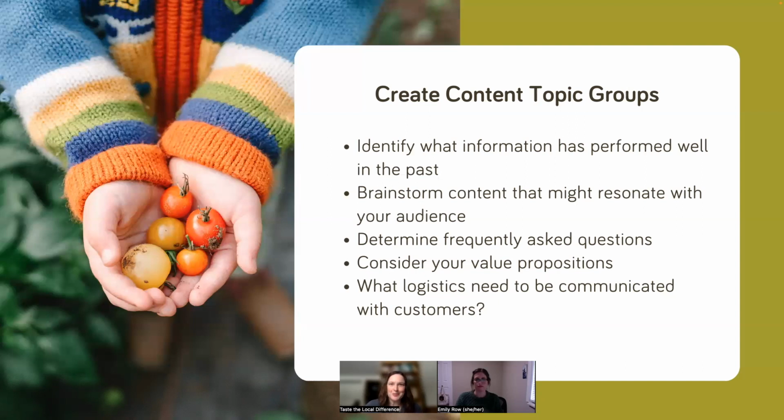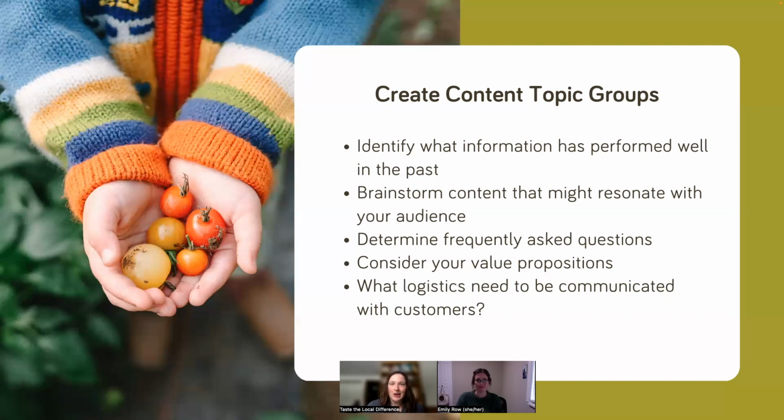Lots of different things you could potentially share. And I think it's really helpful to think about what questions you get all the time, what your frequently asked questions are, in determining these groups, because anything that people are asking you directly frequently, they're probably going to be really excited to see you share on social media. And then maybe you will get fewer of those questions and save yourself a little bit of time.